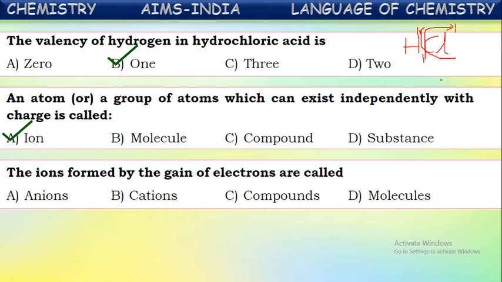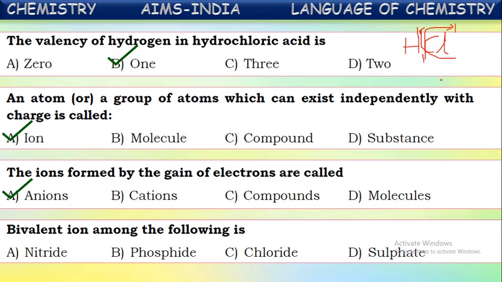The ions formed by gaining electrons are called anions, and the ions formed by losing electrons are called cations. So the ions formed by gaining electrons are negatively charged ions, called anions. The ions formed by losing electrons are positively charged ions, called cations. Okay, here ions formed by gaining of electrons are anions.